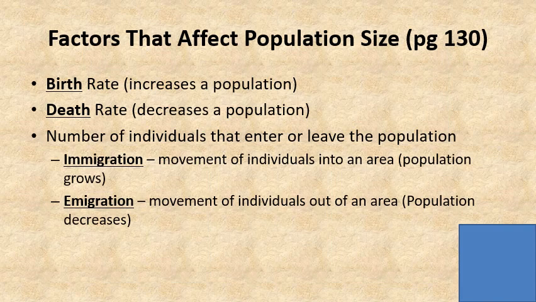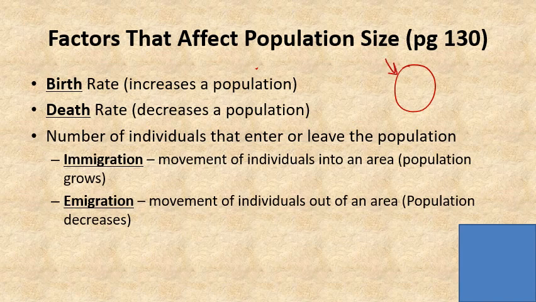So now when we have an individual population, we want to look at the things that can affect that population. I like to think of a population as kind of a balloon. Now, there are things that make that balloon bigger and things that make that balloon smaller. These first two are obvious.